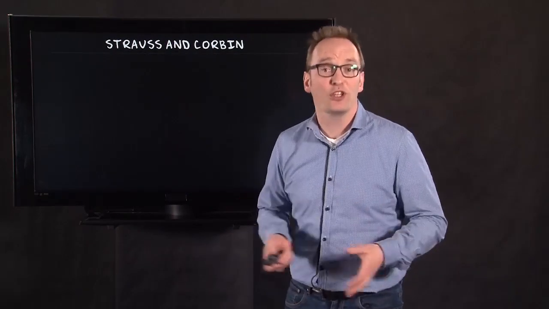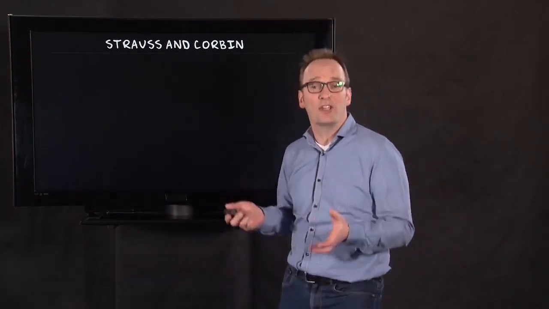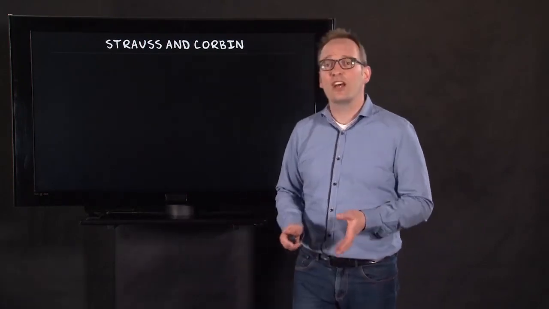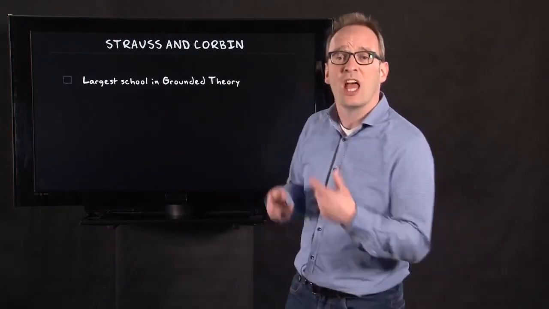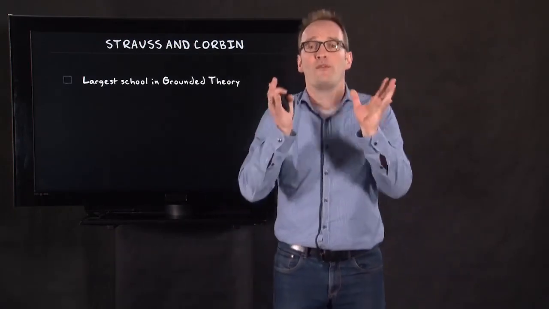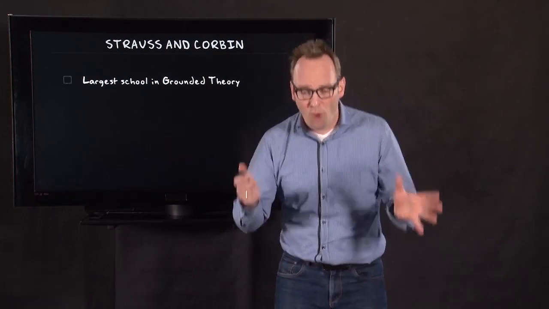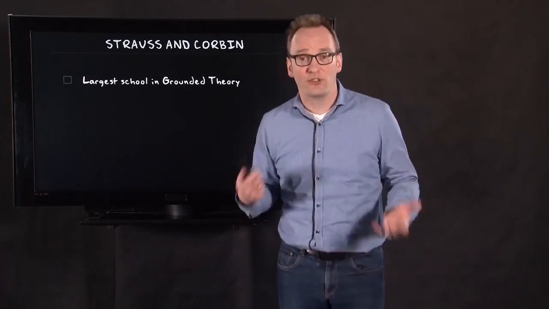The first version of grounded theory I would like to discuss is the version by Strauss and Corbin. Anselm Strauss and Juliet Corbin in the late 80s wrote several publications in which they proposed a form of grounded theory. And that form of grounded theory is pretty prescriptive.